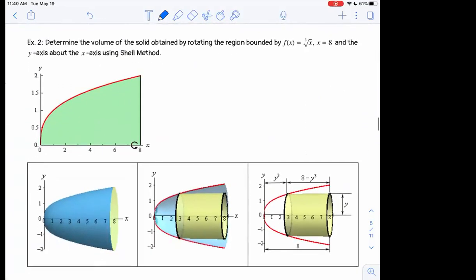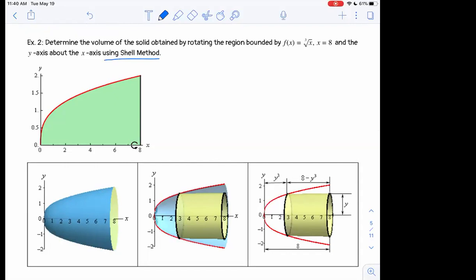All right, example number 2 says, determine the volume of the solid obtained by rotating the region bounded by f of x equals the cube root of x, x equals 8, and the y-axis about the x-axis, but I want you to use shell method, okay?